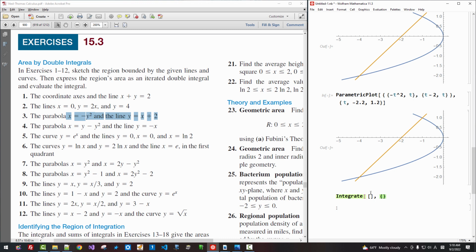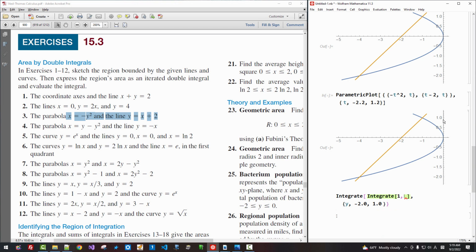We integrate outer integral with respect to y, because we will make strip parallel to x-axis. Then y changes from -2 up to 1. This is dy.